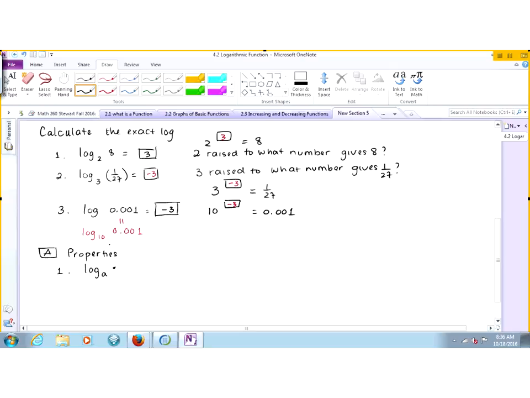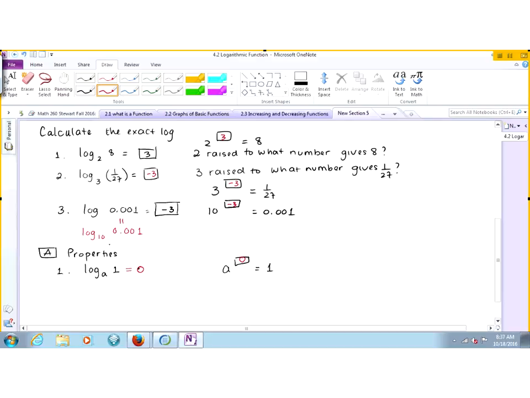Number 1, log base A of 1. So tell me, what is log base A of 1? 0. Why? A raised to the what gives me 1? The answer is 0.